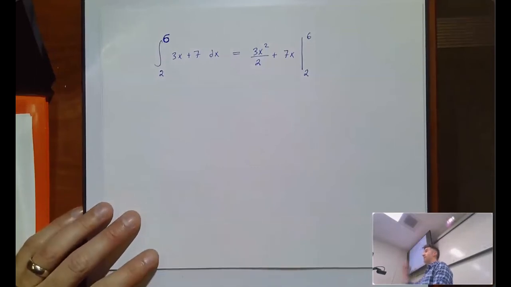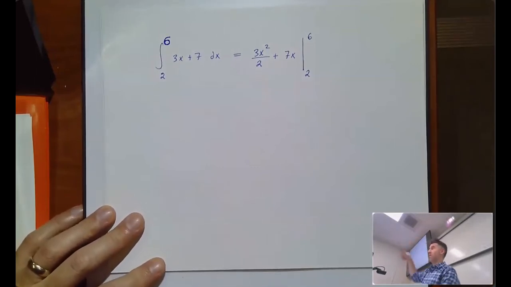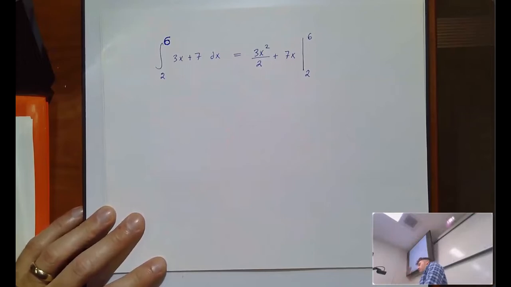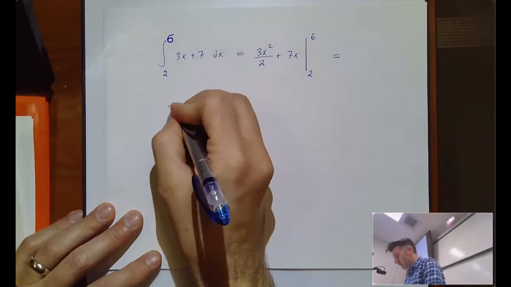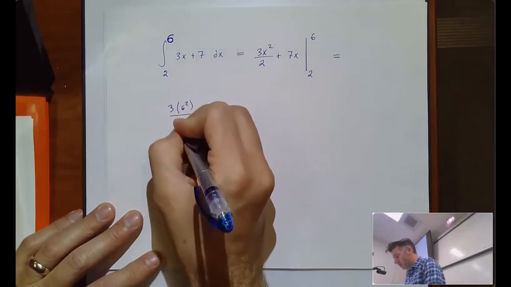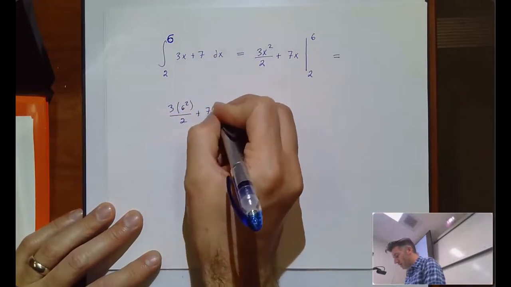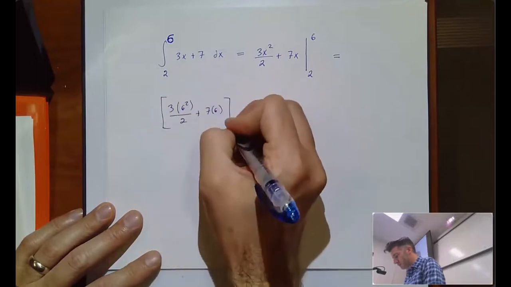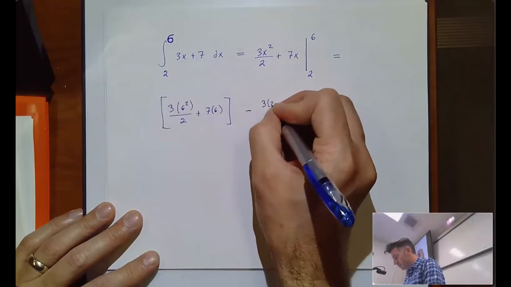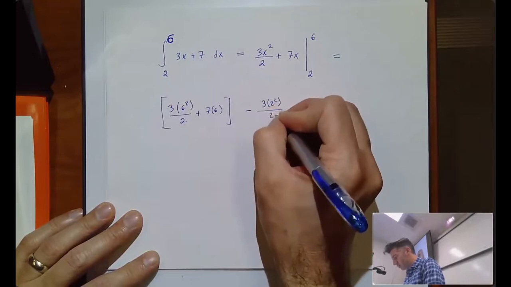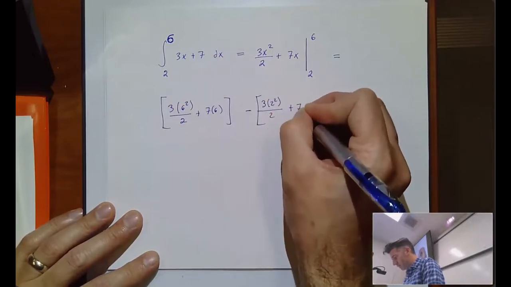And then you plug in the top thing first, subtract, plug in the bottom thing second. So this is going to equal 3 times 6 squared over 2 plus 7 times 6 minus 3 times 2 squared over 2 plus 7 times 2.